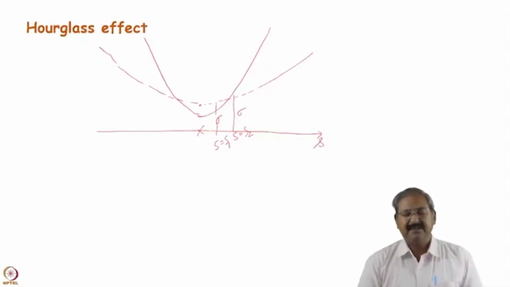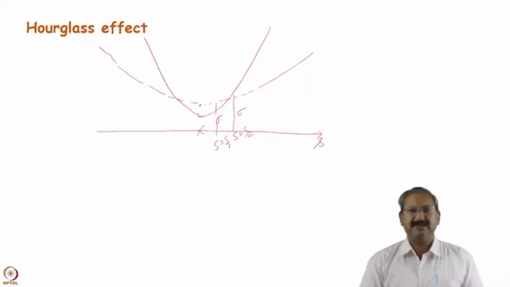Means sigma as a function of S has a stronger dependence if we want to squeeze the beam more and more. So there may be an offset also. Offset means due to imperfections. Actually no machine is perfect. We have studied perfect machines, means perfect dipole, perfect quadrupole, the beam is also perfect, and these are nicely aligned along the design axis.